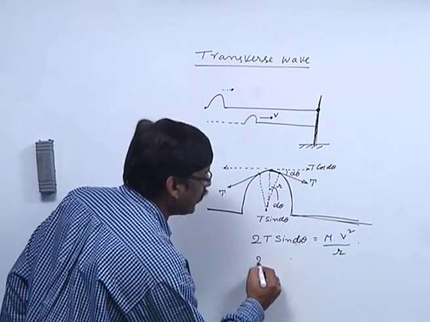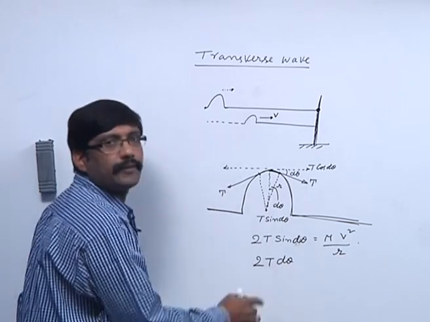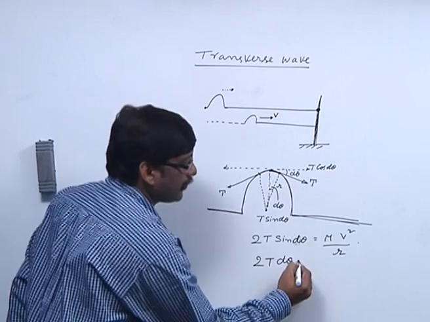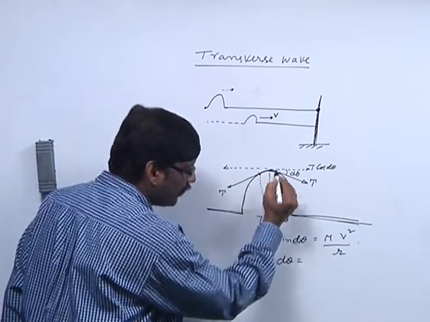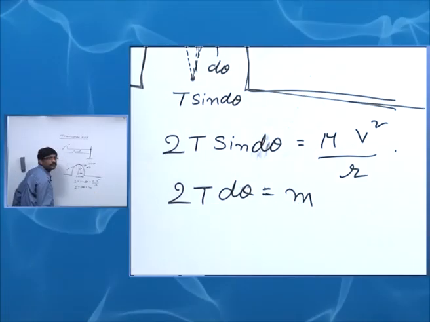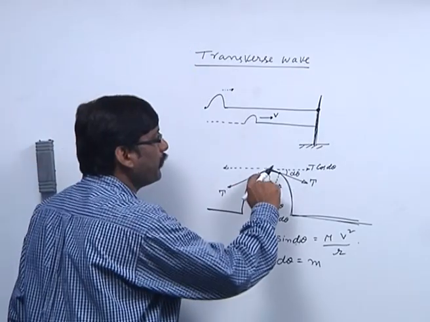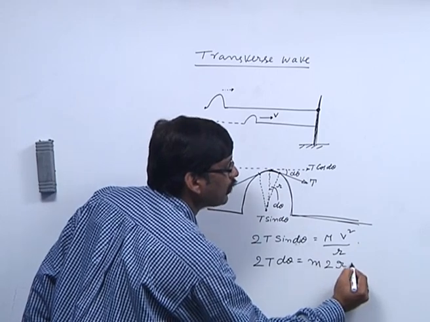Now, for a small angle, sin theta can be replaced by d theta. Then what is the mass? Here m is the mass of this total element, which is the linear density, mass per unit length, multiplied by the length of the element, 2 r d theta.